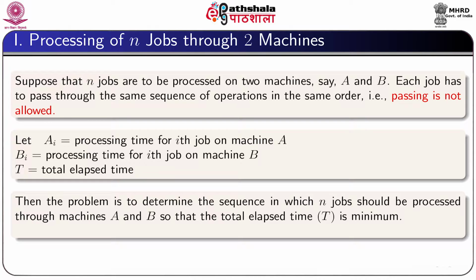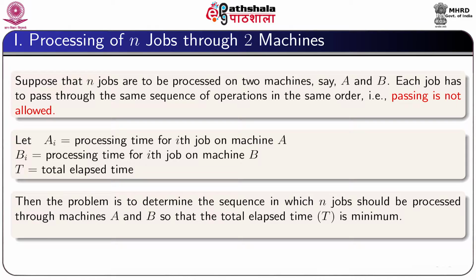Let Ai be the processing time for ith job on machine A and Bi be the processing time for ith job on machine B, where capital T is the total elapsed time.